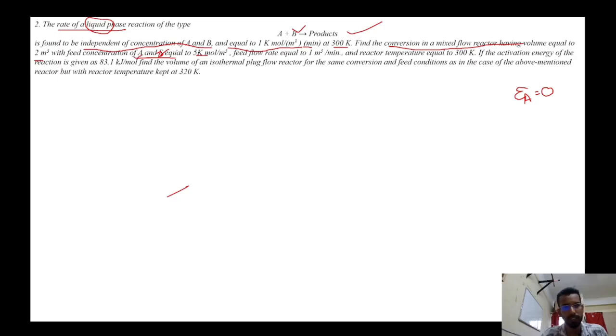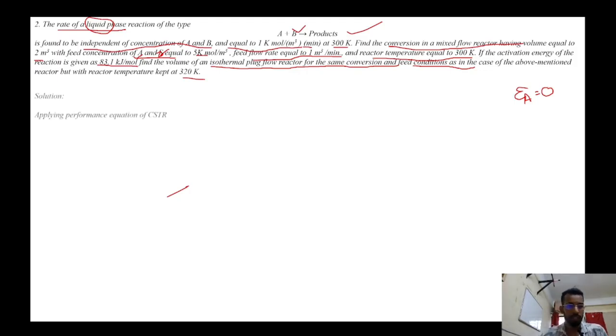So you can neglect S. Feed flow rate is equal to 1 meter cube per minute, that is v naught, small v naught. Reactor temperature is 300 Kelvin. If the activation energy of the reaction is 83.1 kilojoule per mole, find the volume of an isothermal plug flow reactor for the same conversion and feed conditions as in the above mentioned reactor, but the temperature is 320. This is a very good question.